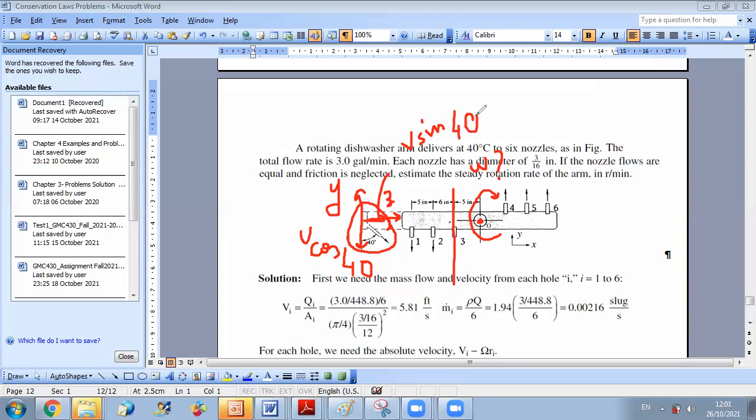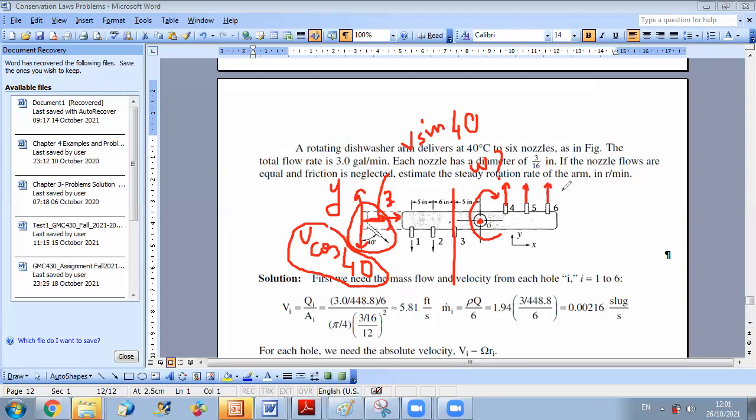So when I perform the angular momentum calculation, I will just consider the component V cosine 40 that is perpendicular to the axis of rotation. All of these components here are equal to V cosine 40 in relative terms.